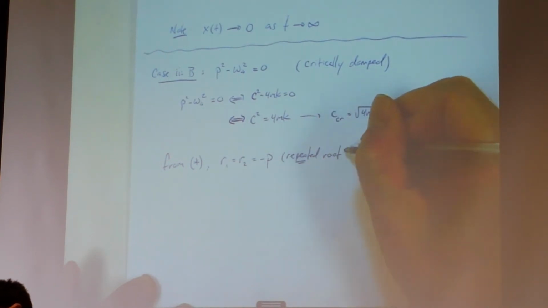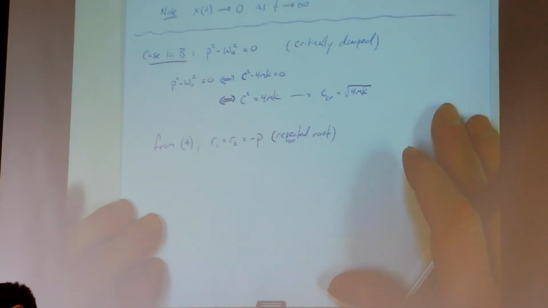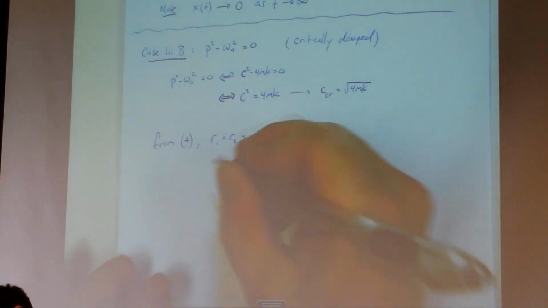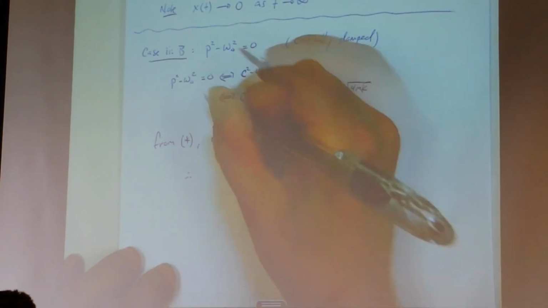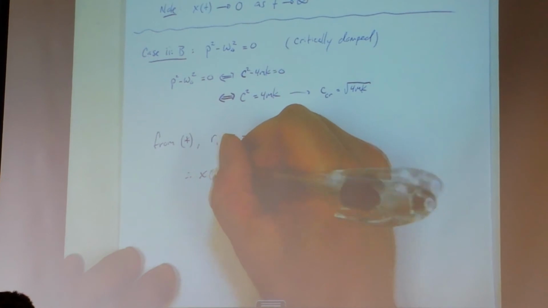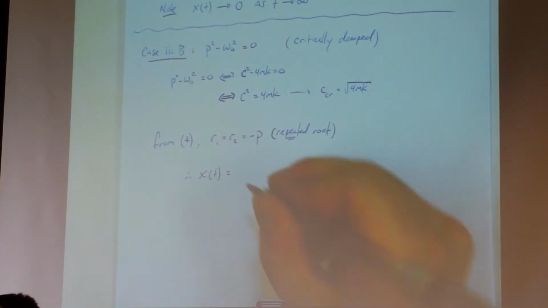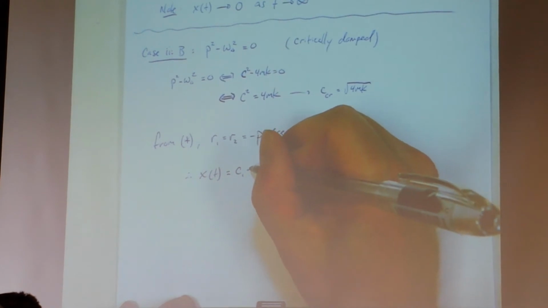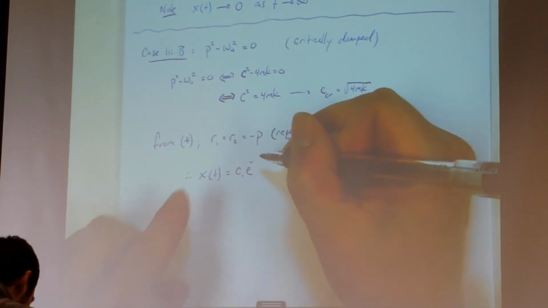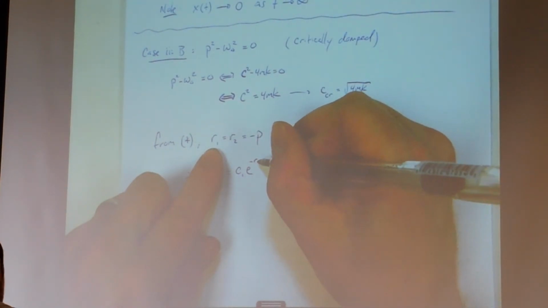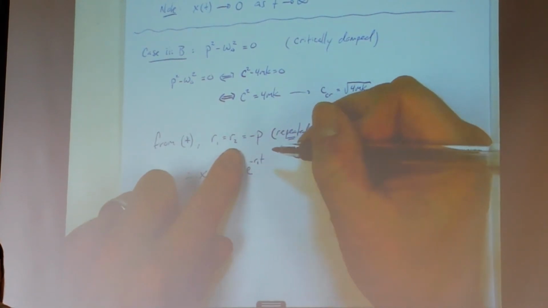Right. So there was a case when we get a repeated root, our solution to the original differential equation would be C1 e to the R1t, and I'm just going to call them both R1 for a second.